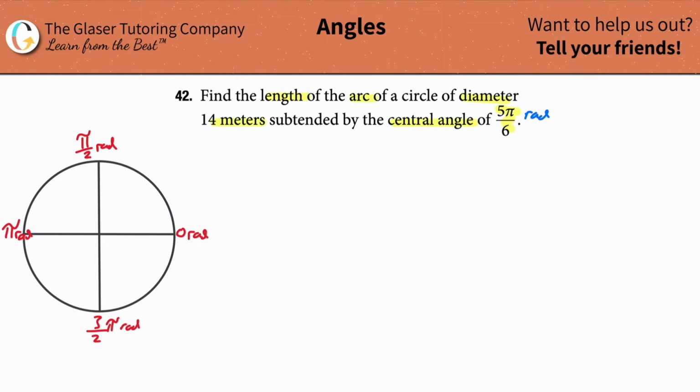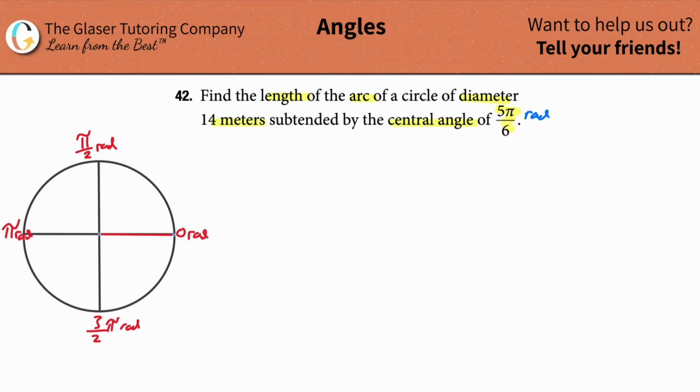Look at the picture now. If this is a full pi, meaning if you rotated a line from 0, let me just extend a little past. If you rotated this line a full pi radian, it would end there. But you didn't rotate it a full pi radian.